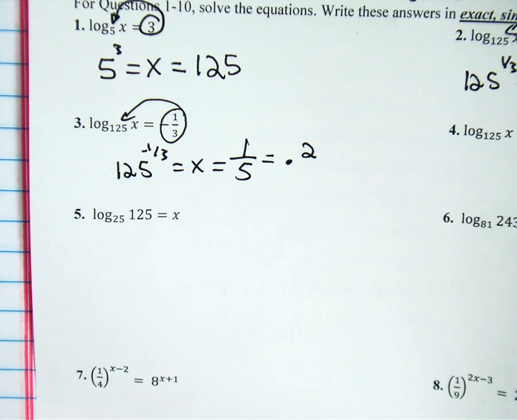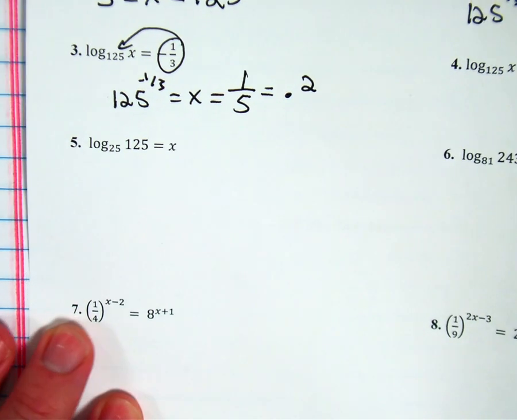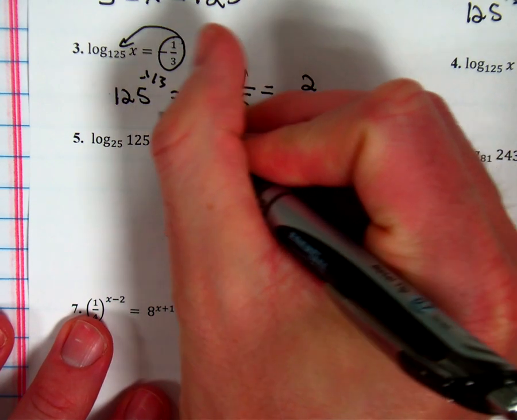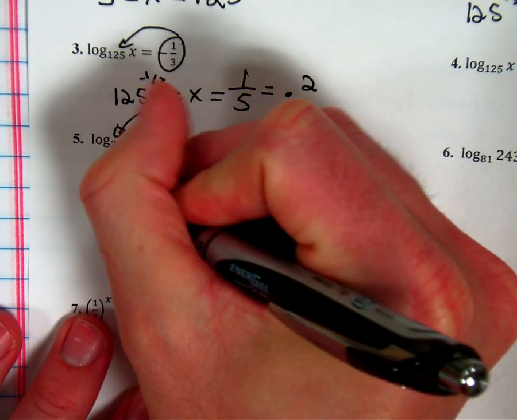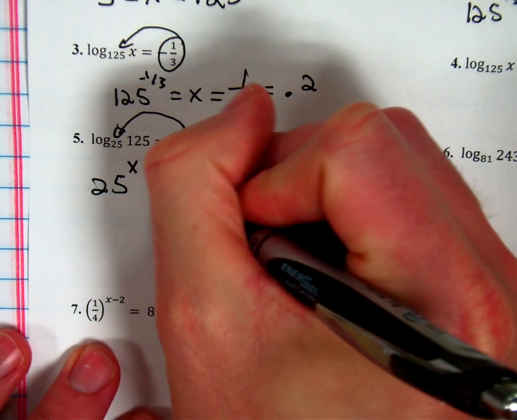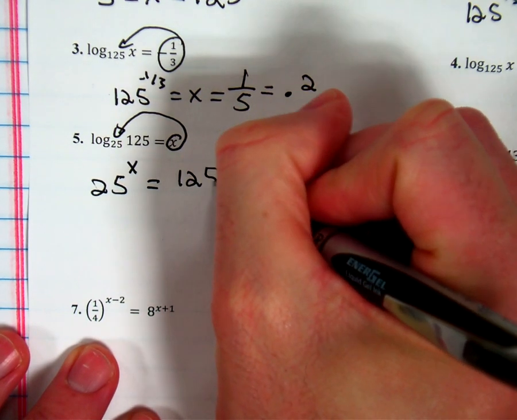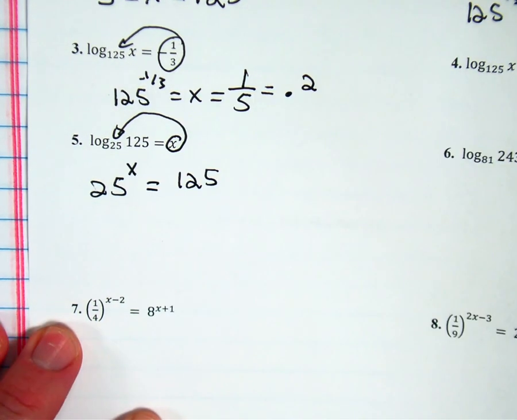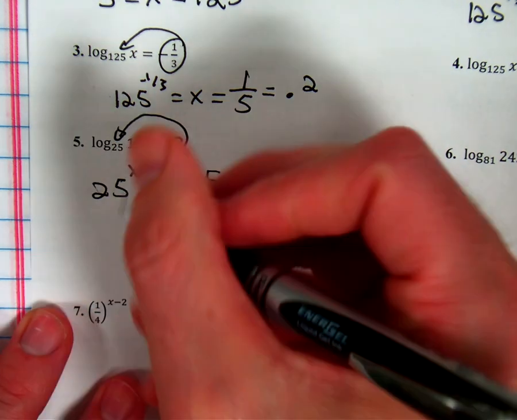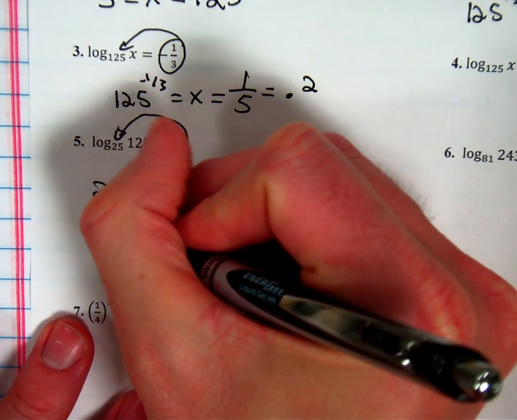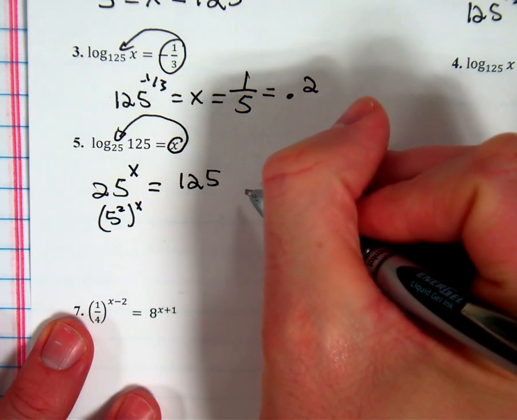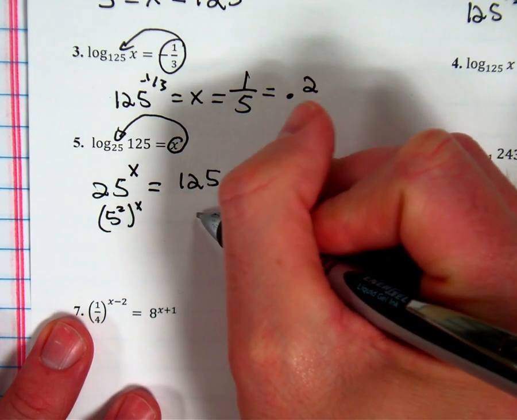On to number 5. We're taking that x on top of 25. Now we finally hit one where we cannot just type it in. We have to think. So 25 is 5 squared, and 125 is 5 to the third.